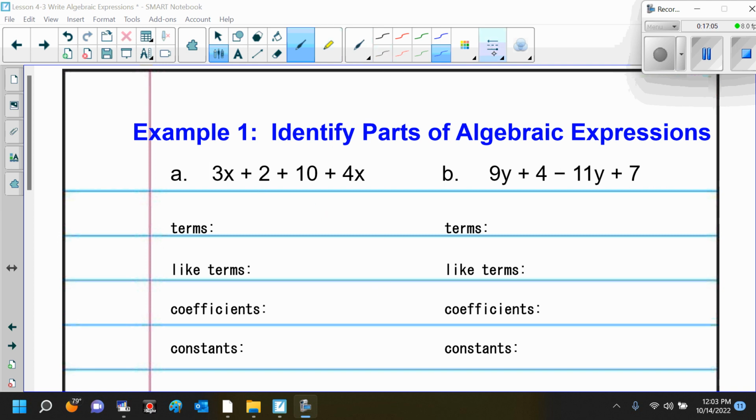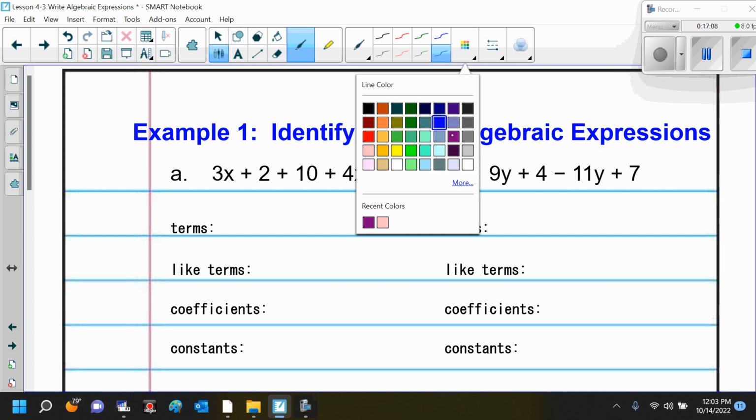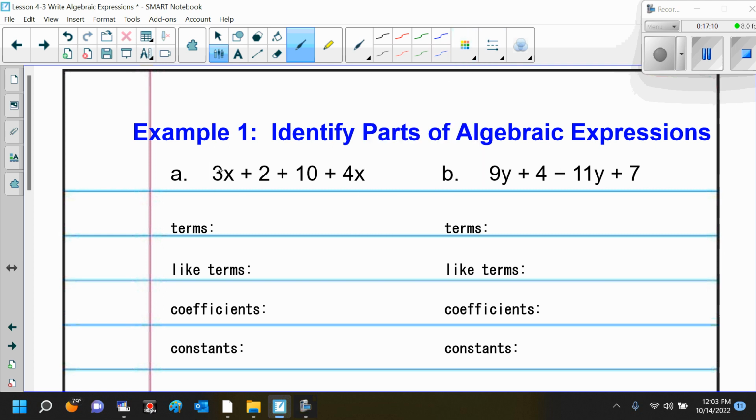So here, the terms are 3x, 2, 10, and 4x. The like terms are the ones that have the same variable to the same power. So here we've got 3x and 4x.